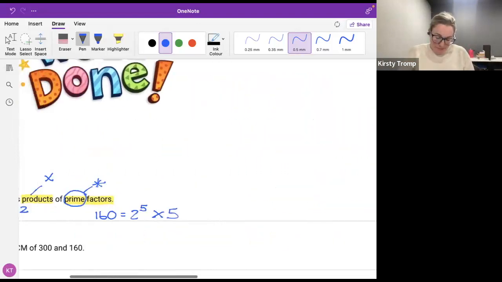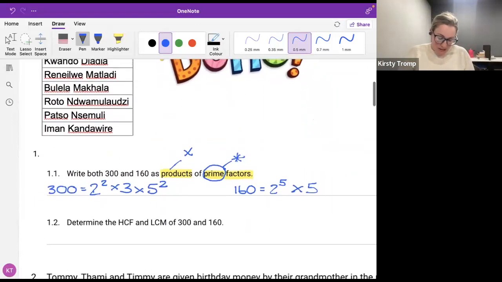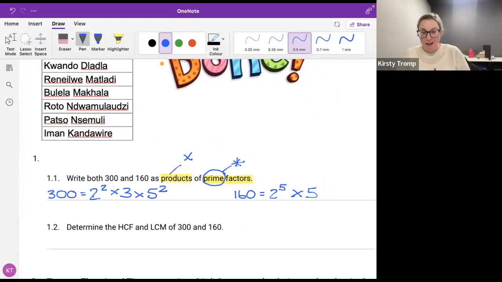Okay, my next question now says, determine the HCF, highest common factor, and LCM of 300 and 160. So when we're talking about HCF, what does that actually stand for? HCF, highest common factor, all right.